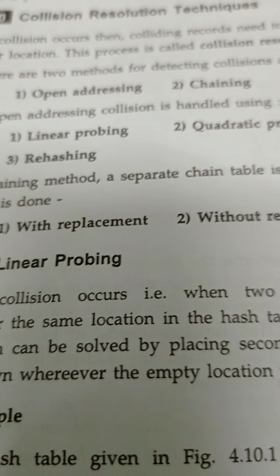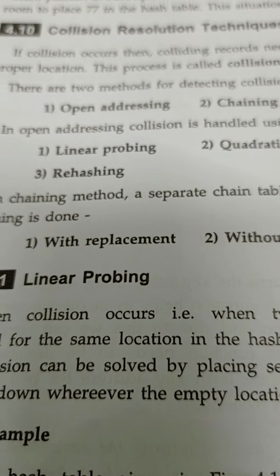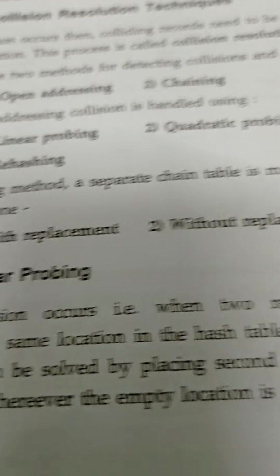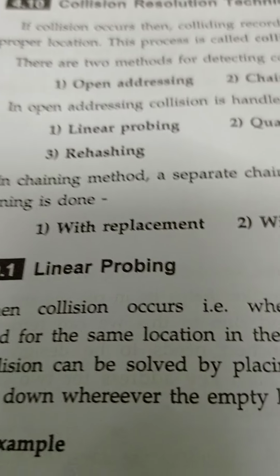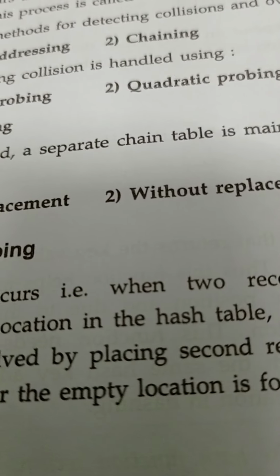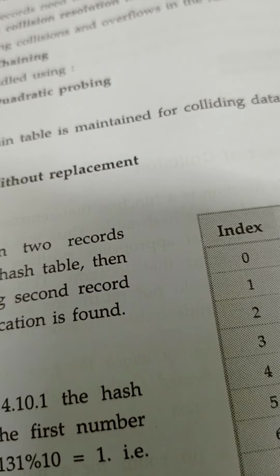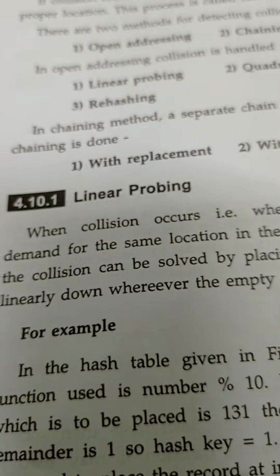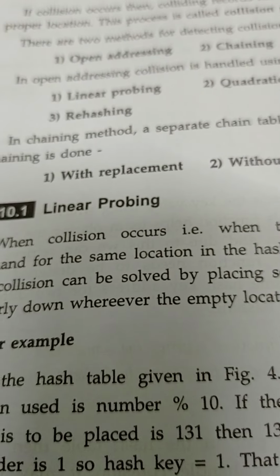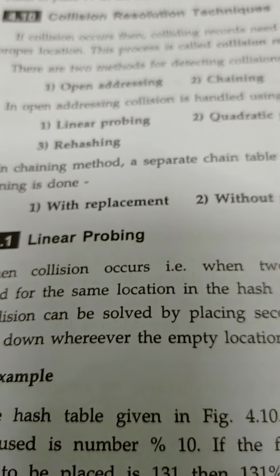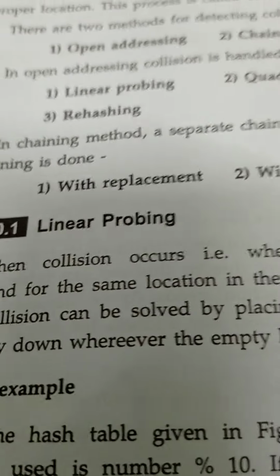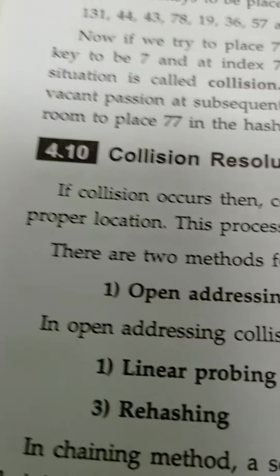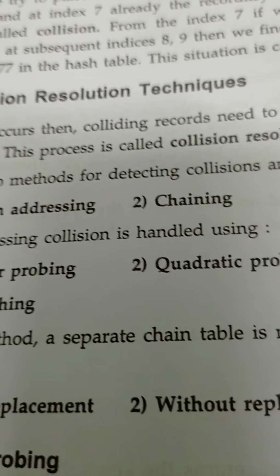In open addressing, collision is handled using linear probing, quadratic probing, rehashing. In chaining, a separate chain table is maintained for colliding data, and in that we have the chain. In chaining we have with replacement and without replacement. So many concepts are there in collision resolution techniques.